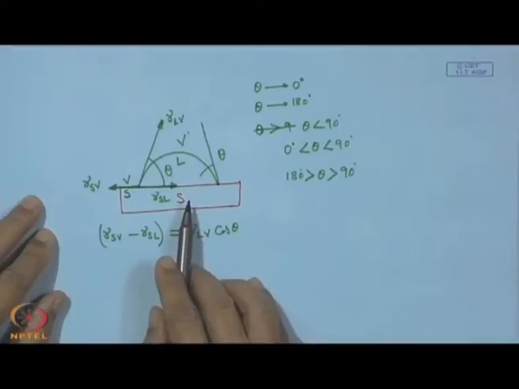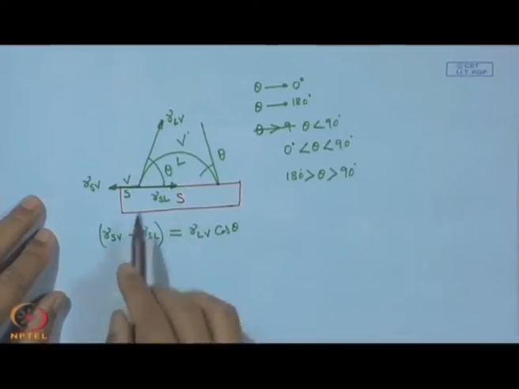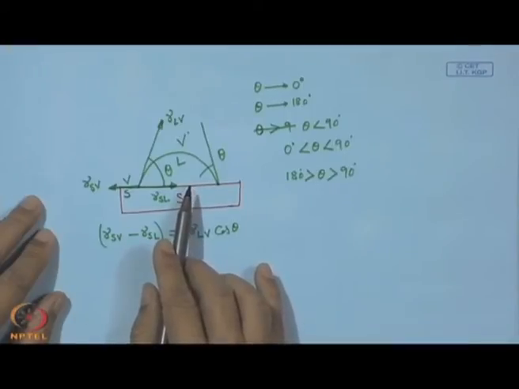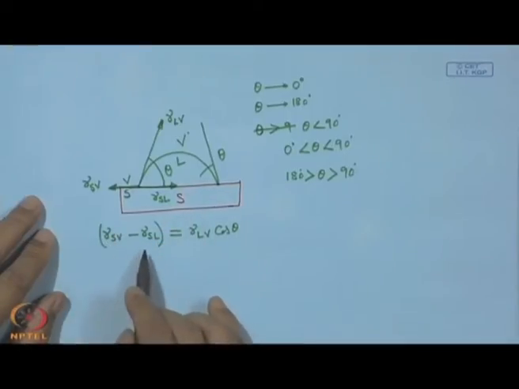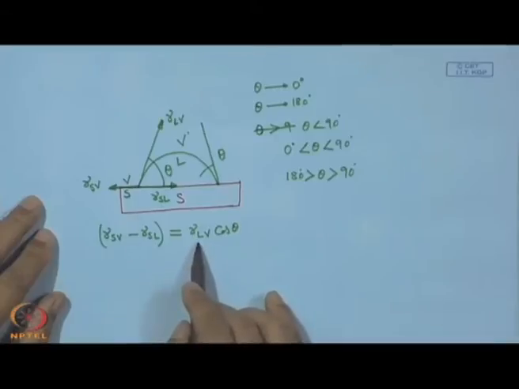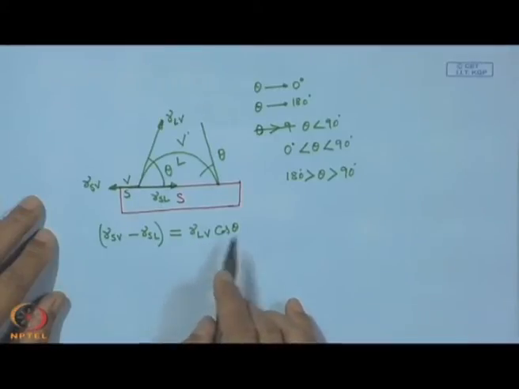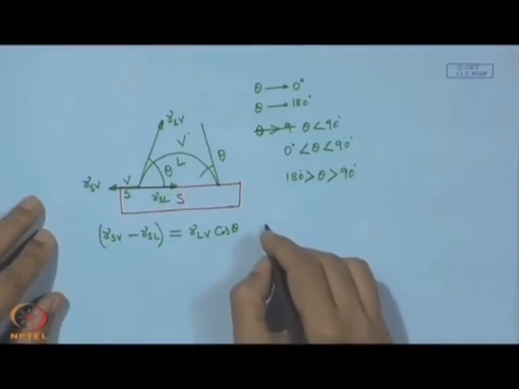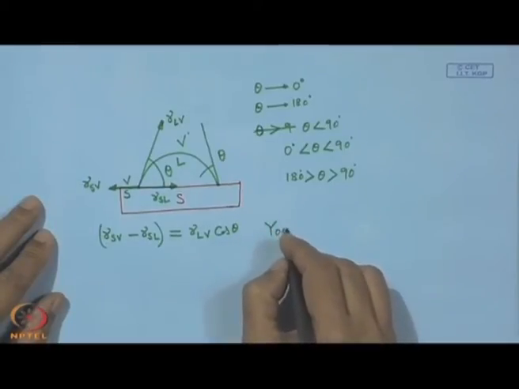However, considering the dynamic state, and if we want continuous spreading of this film, this part should be greater than gamma LV cos theta. So, this is actually known as Young's equation.